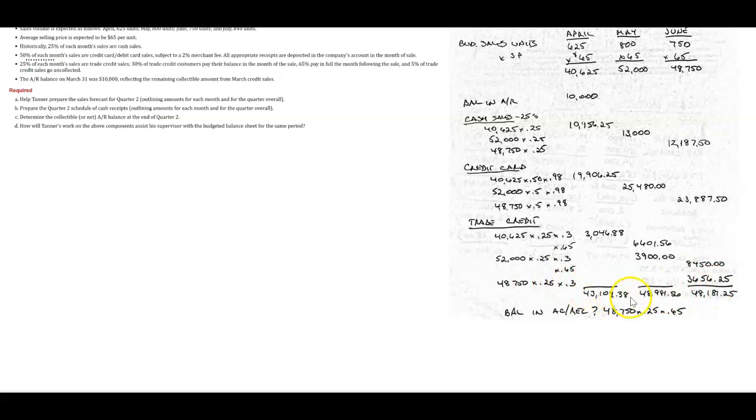So this gives us all the cash that came in from trade credit sales. And finally, the balance in accounts receivable would be June sales of 48,750, 25% of the sales, and it would be the remaining 65% of those sales. So the remaining balance in accounts receivable would be 7,921.88.